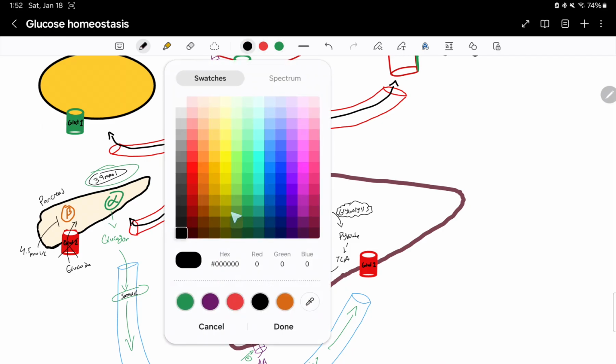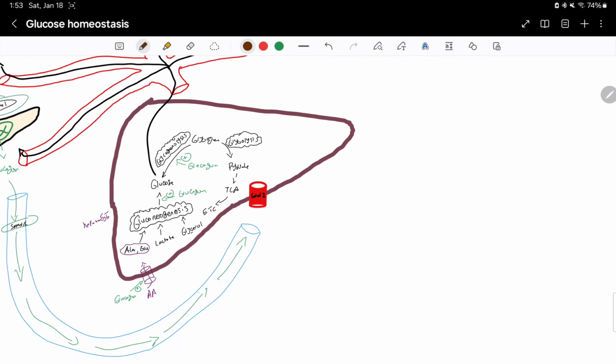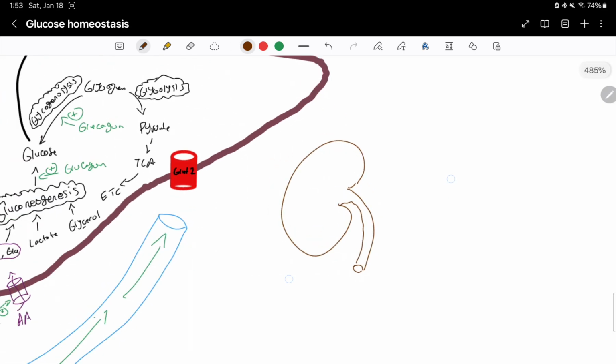Now, one little caveat I want to add here is that technically the liver is not the only organ involved in maintaining blood glucose homeostasis, okay? I'm sure you guys have heard of this bean-shaped organ we have. Let me draw it a little better. The kidney. The kidney is also involved because it's the other organ.